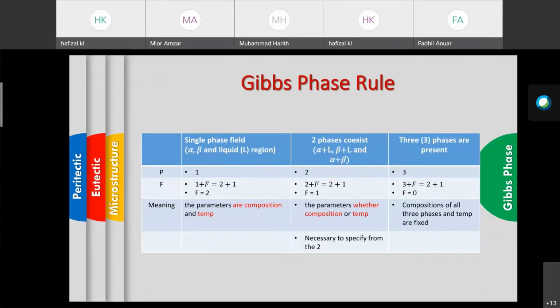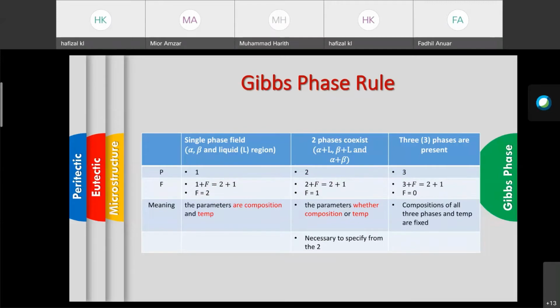What will happen to F? The F value will vary: F equal to 2, F equal to 1, F equal to 0. So what is the meaning of F equal to 2?